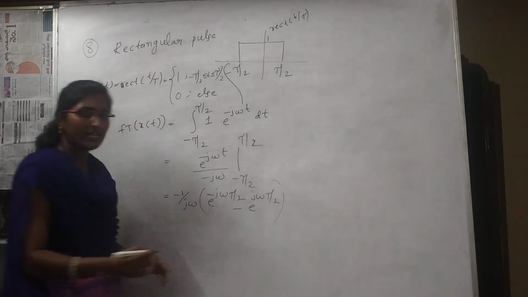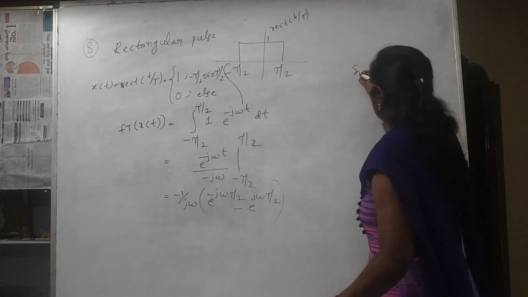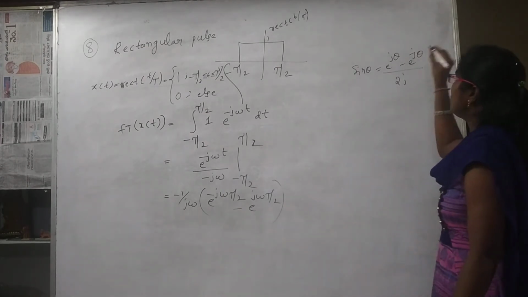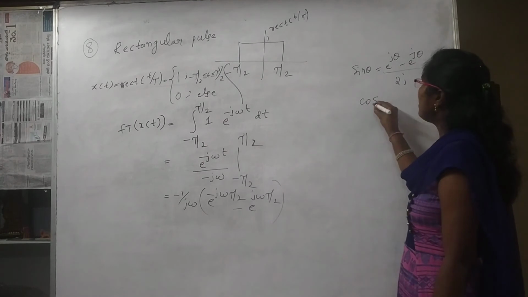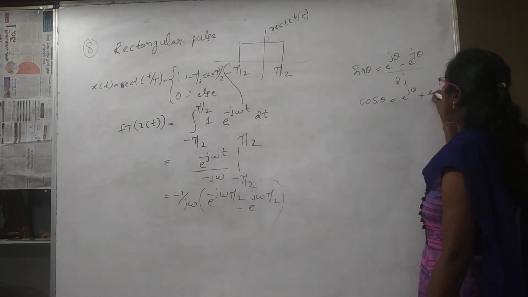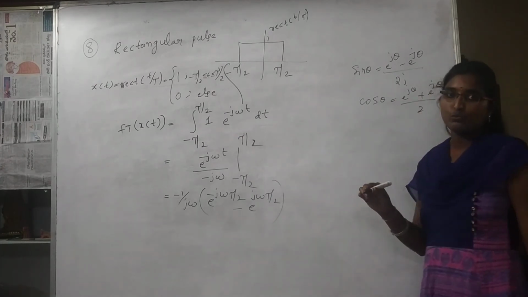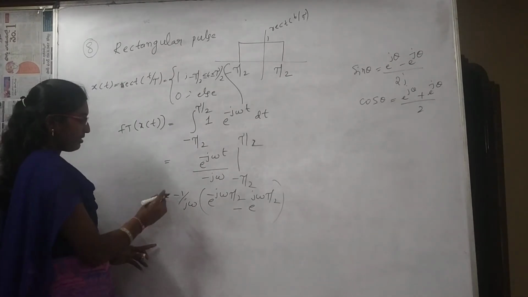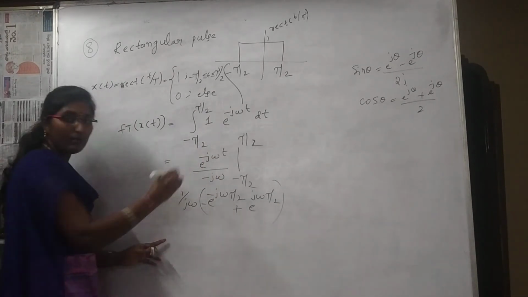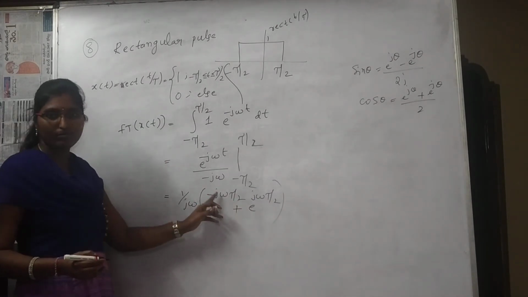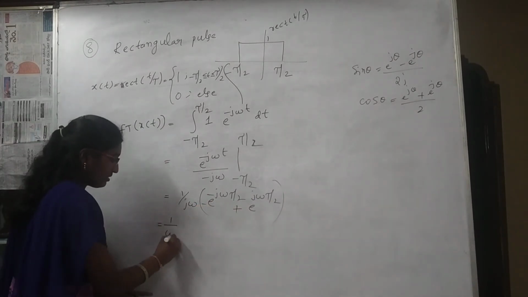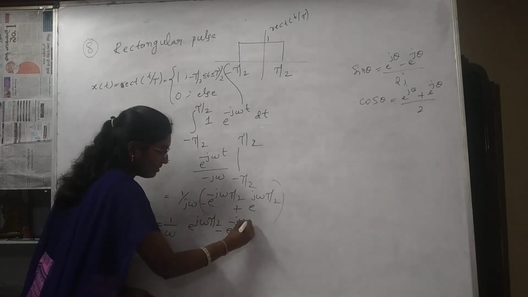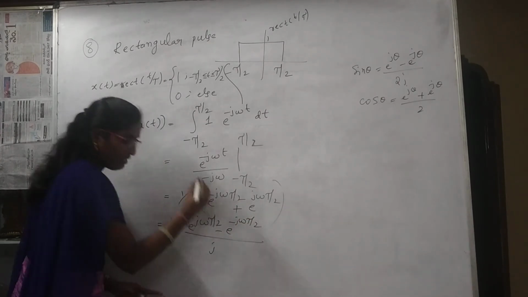And you know the sin theta formula? Sin theta is e power j theta minus e power minus j theta by 2j, isn't it? And cos theta is e power j theta plus e power minus j theta by 2. Here I want to make it a sine formula, with e power j theta minus e power minus j theta and 1 by omega here. I will rearrange again. And which term is missing?